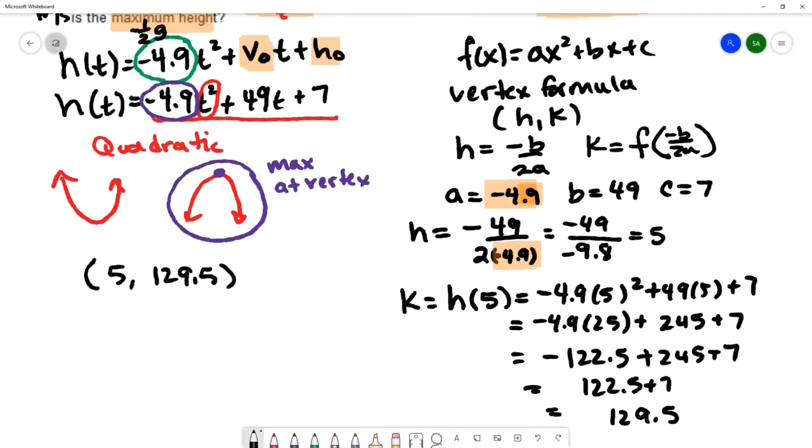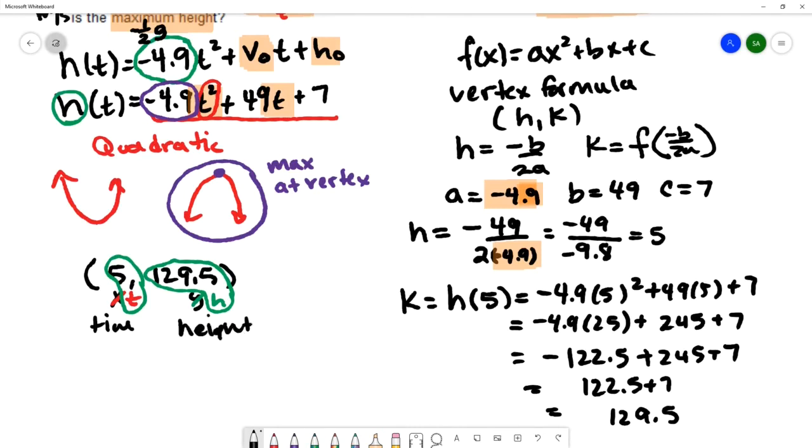Let's make sure we know what these values stand for. Usually ordered pairs are x's and y's. In this example, the variable used in the equation is a t, so this is really a t, and our y part is an h. So this value of 5 is representing time, and this value of 129.5 is representing height.